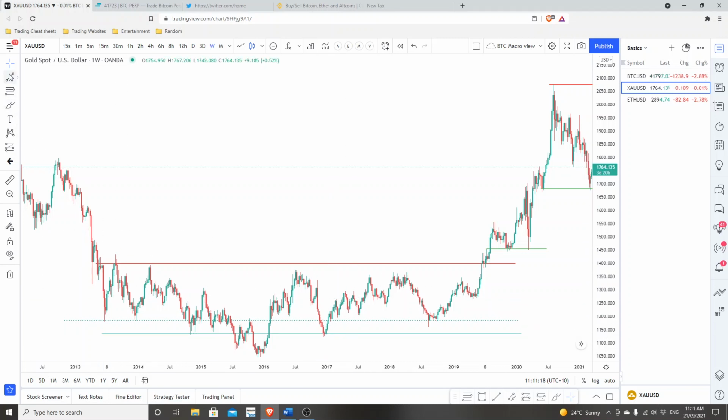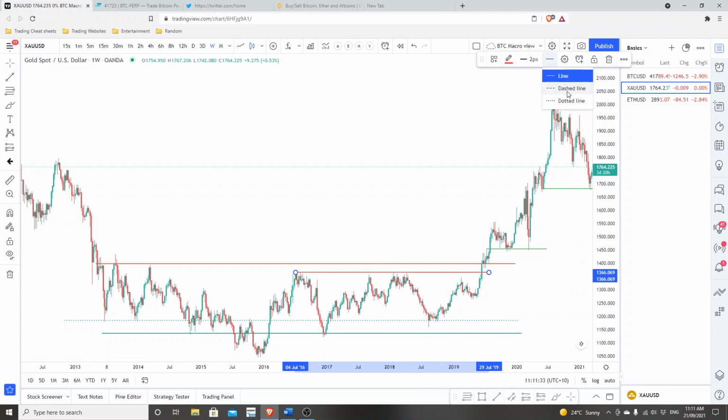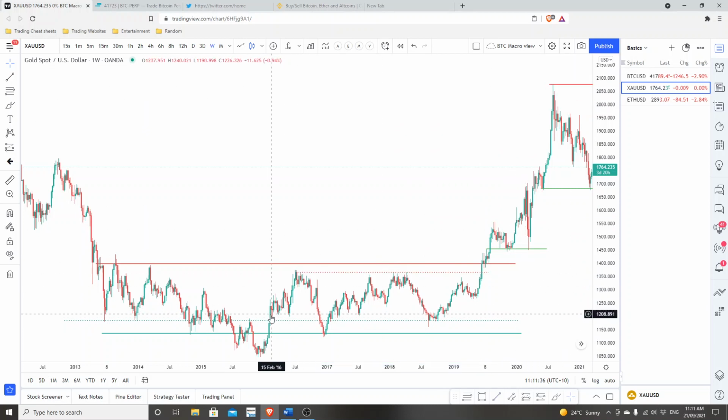You can do the same with the resistance. You would say, especially after this test, you're looking at the last swing high for your resistance level. That's where you're looking to take your profit. You're going from this level up to the dotted line.